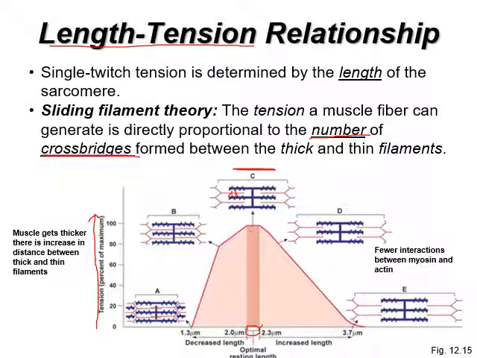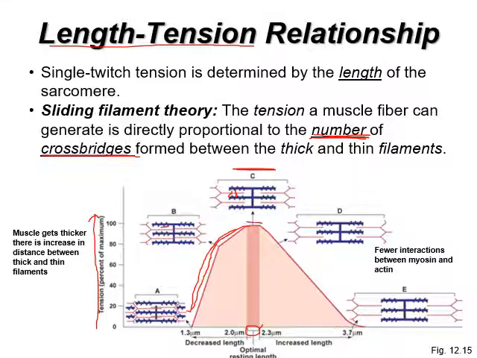Therefore, we can create great tension. As we slack the muscle, what's happening is as it gets closer together, there's less room, and also it gets wider, and these myosin and actin get further away from each other. So when we slack it, we're decreasing the number of cross bridges that can occur, and therefore tension decreases.